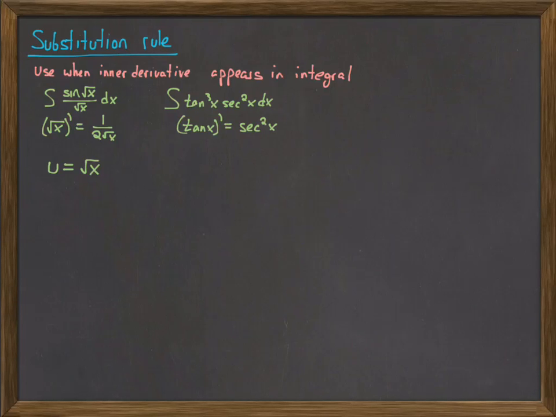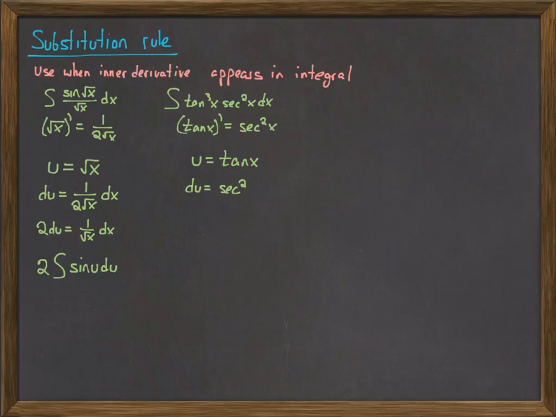If we call u equal to the square root of x, then du is 1 over 2 root x dx. It's usually a good idea just to move the constant to the other side, and that makes this integral 2 times the integral of sine u du. The second example, here we say u is equal to tangent, and like we said, du is secant squared.